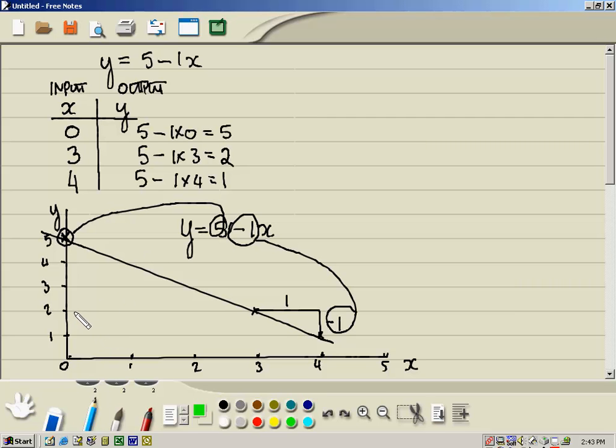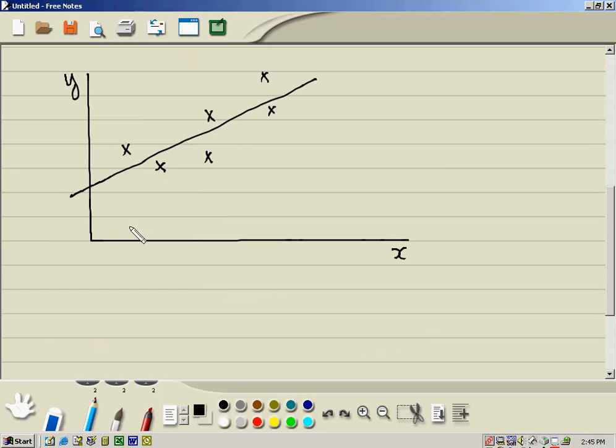So remember, in this case we started off with a value of y is equal to 2. Alright, then we went to a value of y is equal to 1. So we went down a value as we went from the x of 3 to an x of 4. So we increased along the x-axis by 1 unit, and at the same time we went up the y-axis minus 1 units. So that's our slope of negative 1.